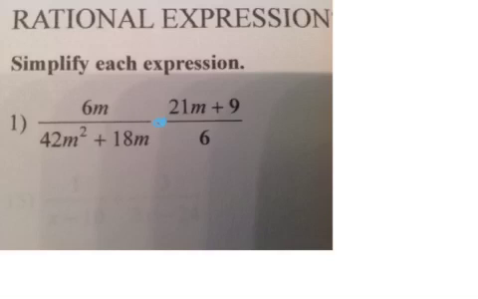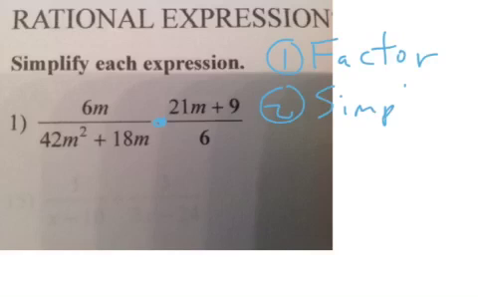Now, the first step we have to remember is to always factor what can be factored first. Step 2, therefore, then we can finally simplify and come up with our final expression.